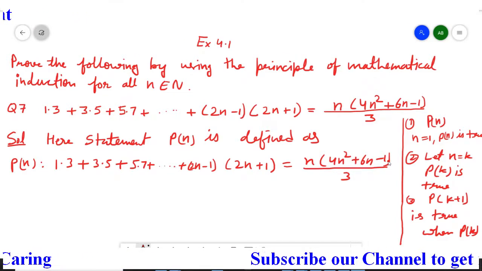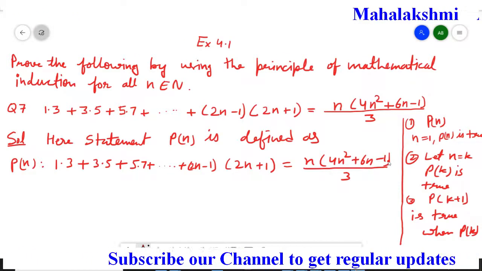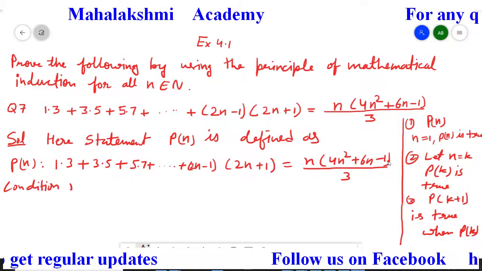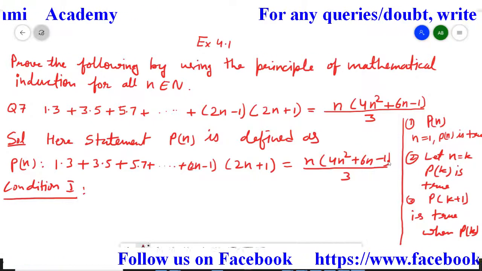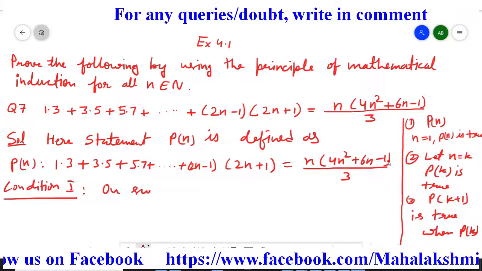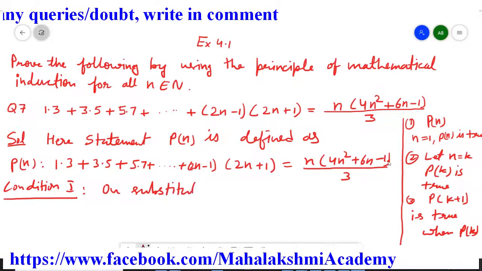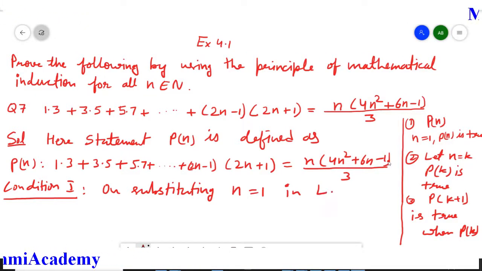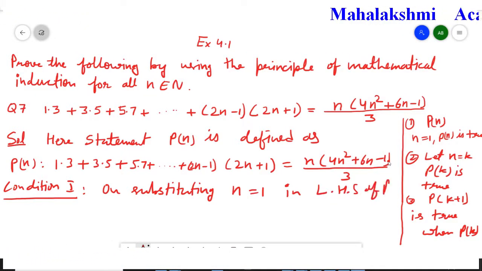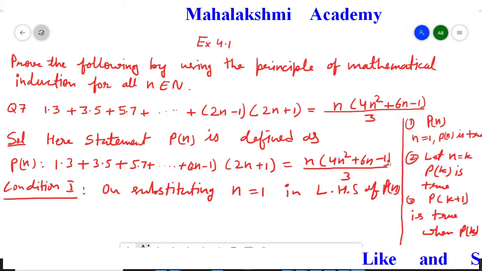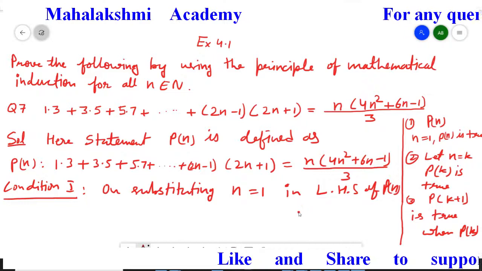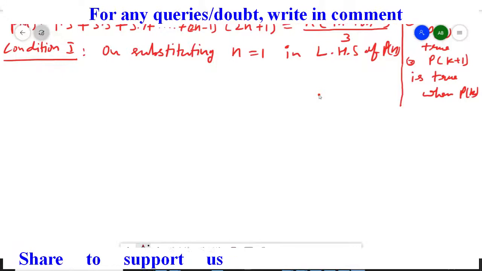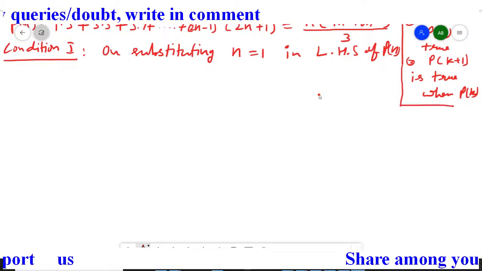Now according to the first condition, for n equal to 1 we have to prove that Pn is true. So we write here, condition first, that on substituting n equal to 1 in the left hand side of Pn, that will give us... so this is our rough work for students.